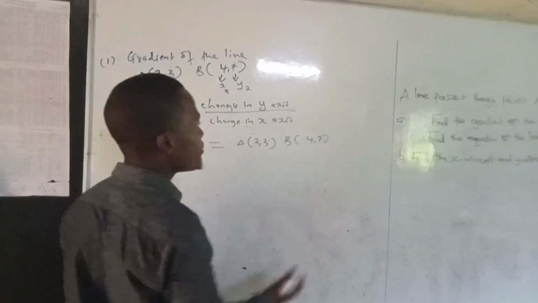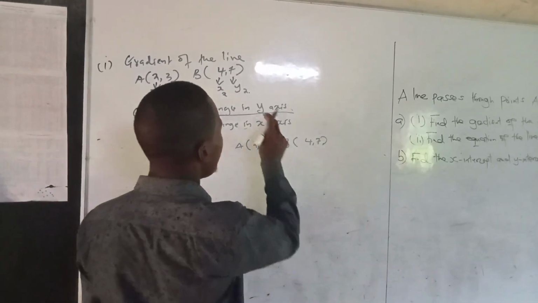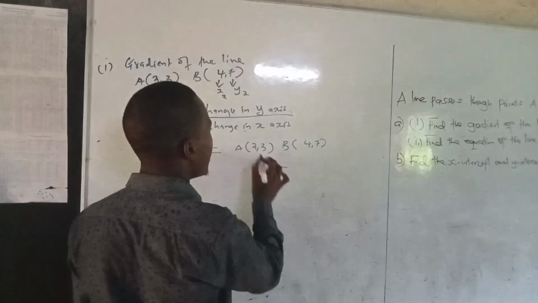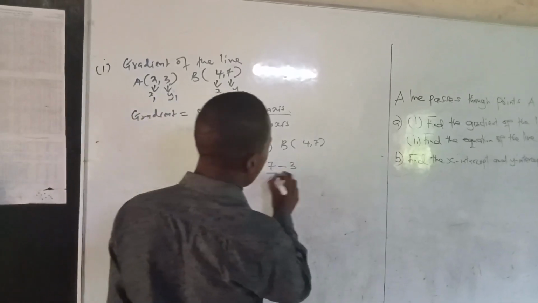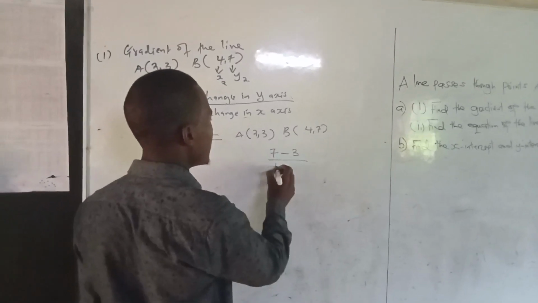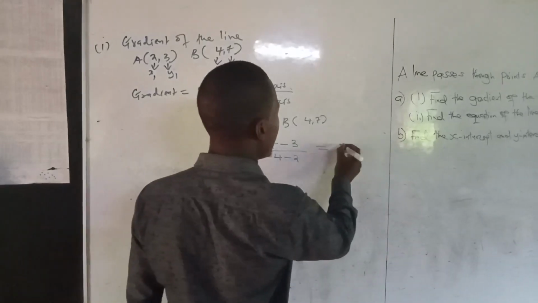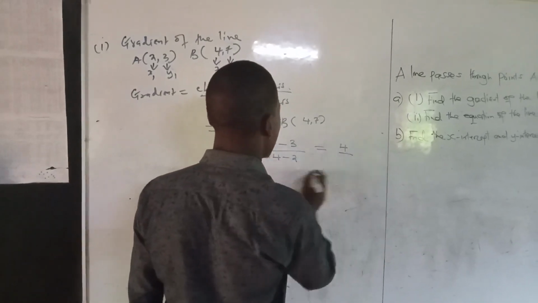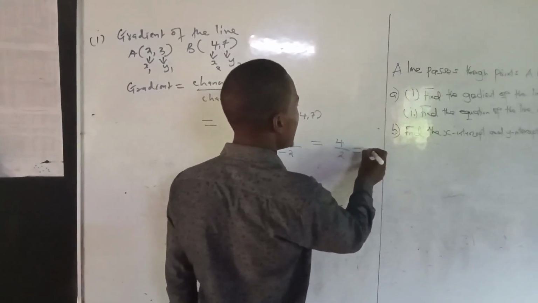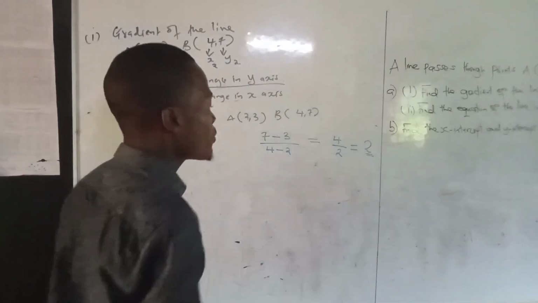I'll take the change in y-axis, 7 minus 3, over the change in the x-axis, which is 4 minus 2. 7 minus 3 is 4, and 4 minus 2 is 2. When you divide, the answer is 2, so our gradient is 2.